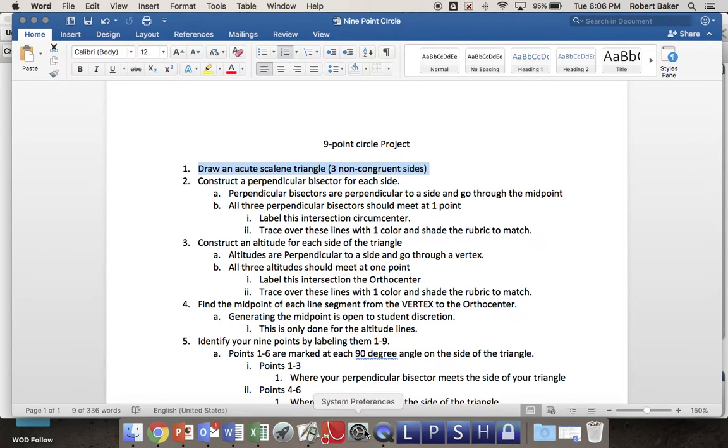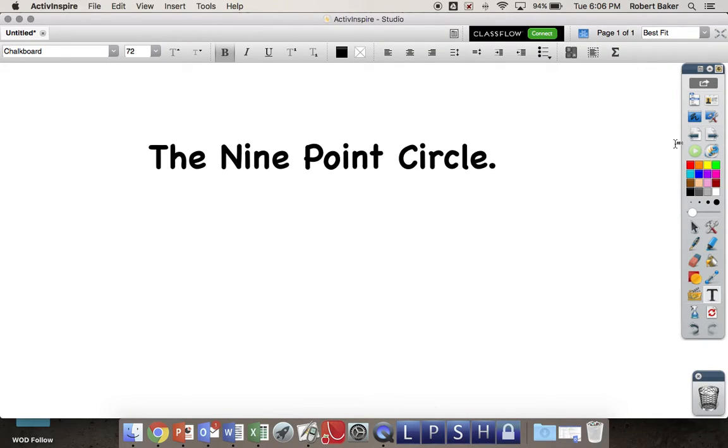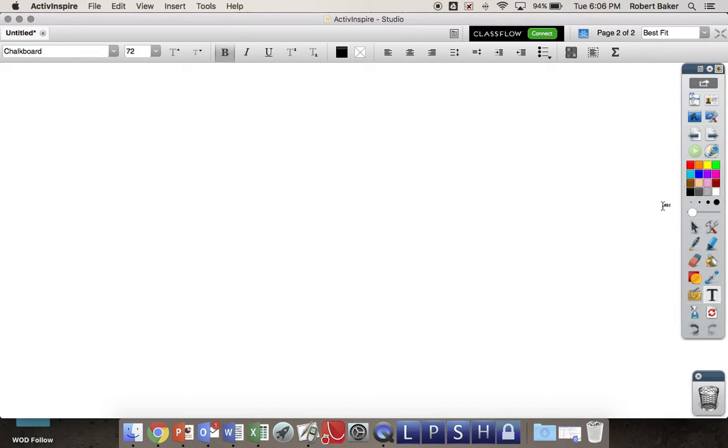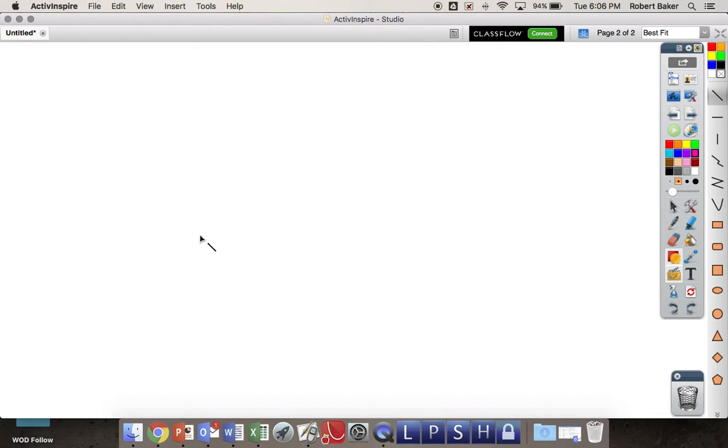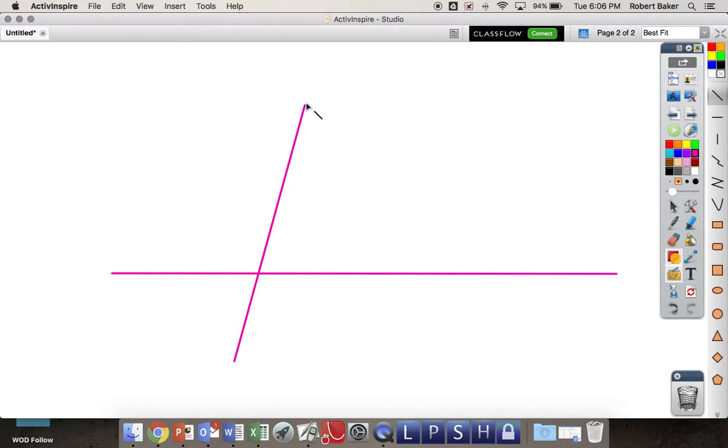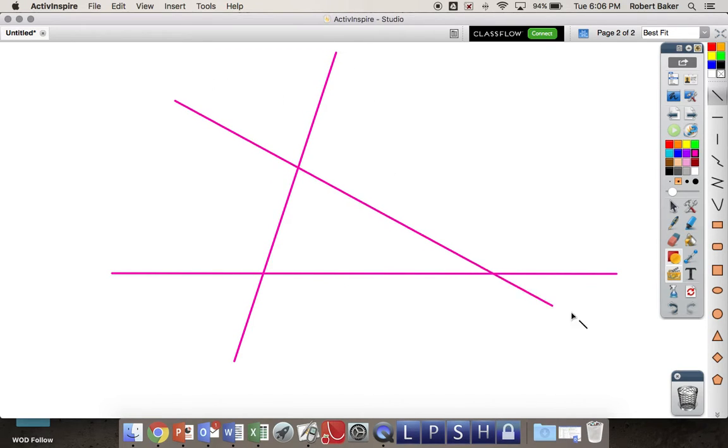It's 3 non-congruent sides. So to do this, I'm going to attempt to draw an acute scalene triangle. I'm going to use some long lines, and you'll see why in a minute. So I'm going to draw a line this direction, a line this direction, and a line in this direction.